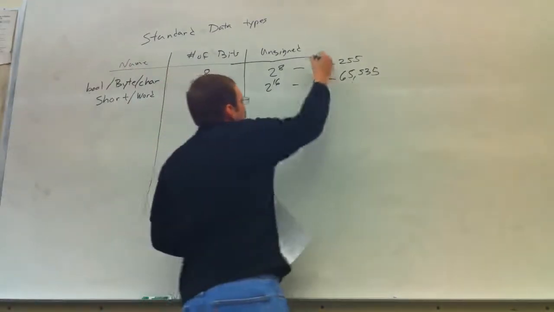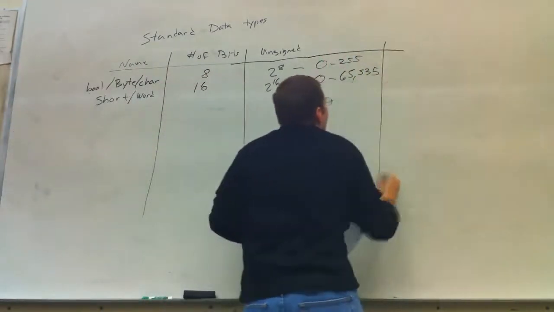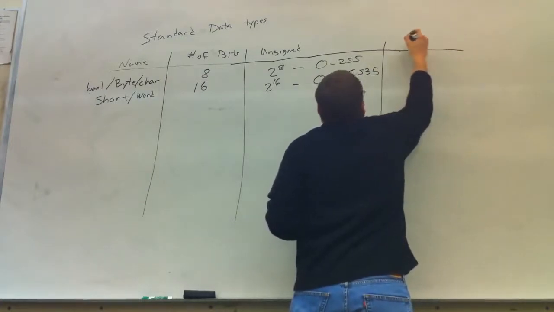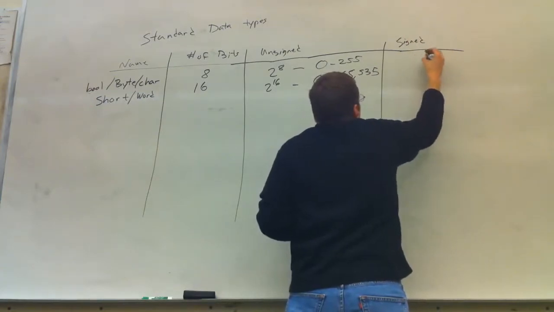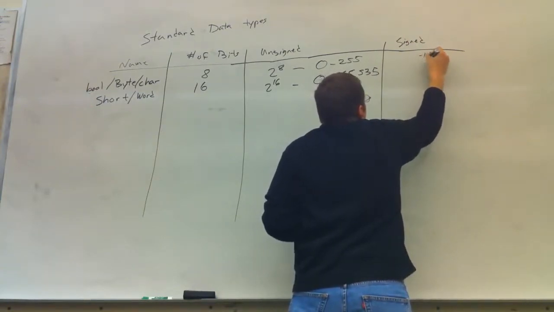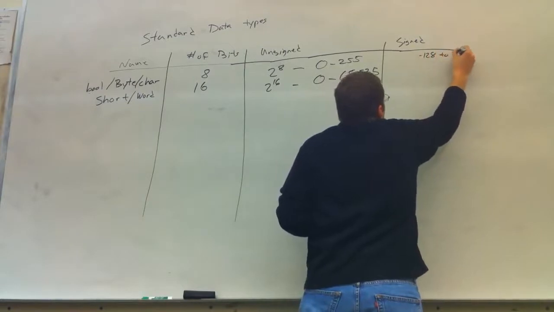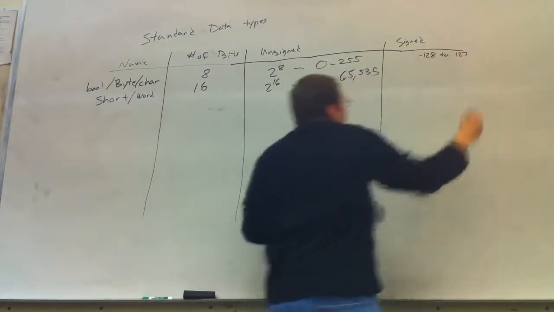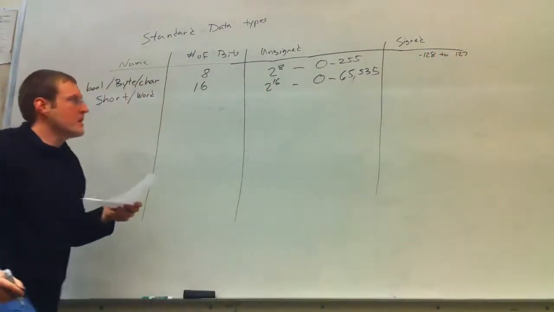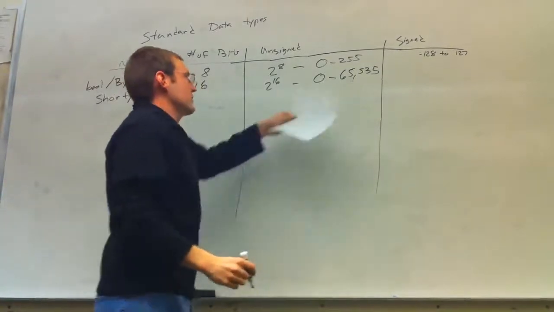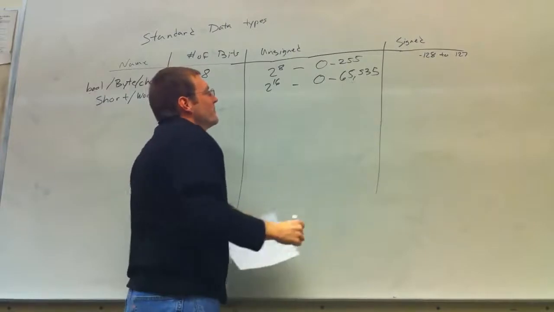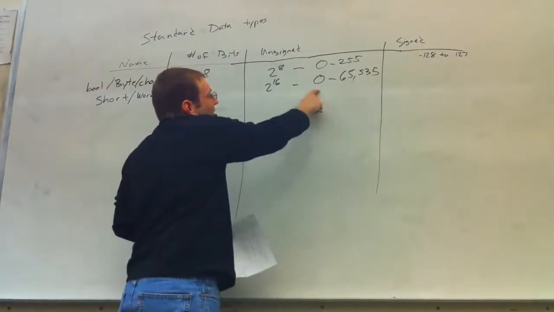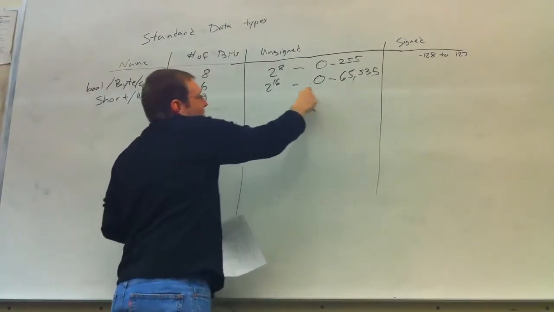If I do signed, it's going to be negative 128 to 127. Right? Basically, you cut it in half, minus 1 on the positive side, and put the other half on the negative side.